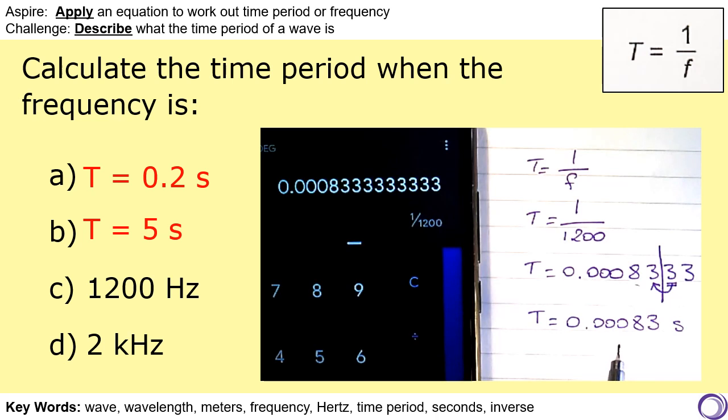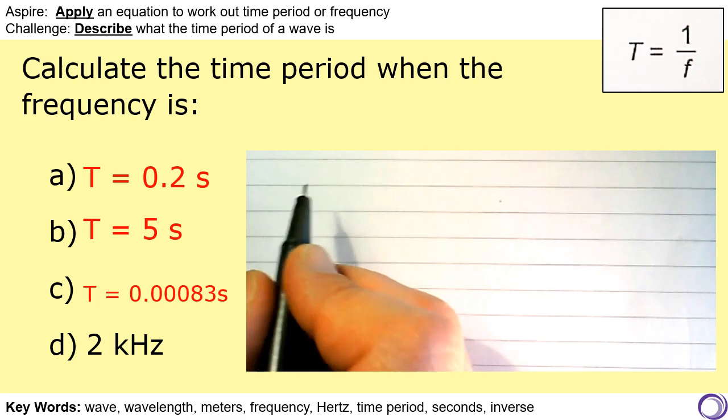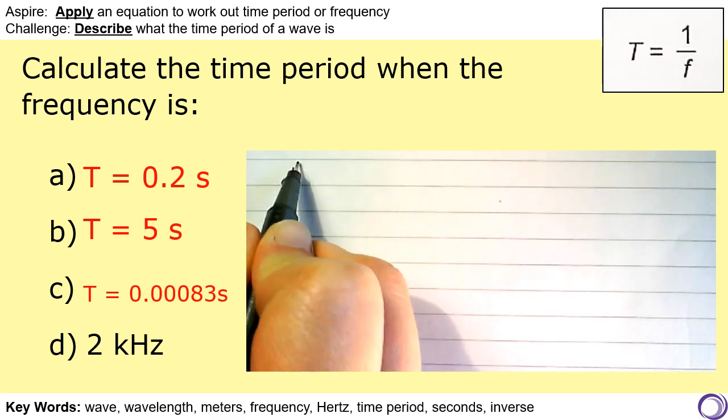To convert it into milliseconds, you would multiply this by 1,000. So if I multiply that by 1,000, then I would get a time period of 0.83, and again it's recurring, so we're going to round it, milliseconds.